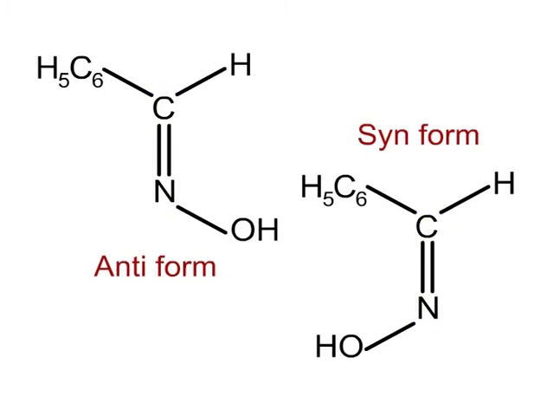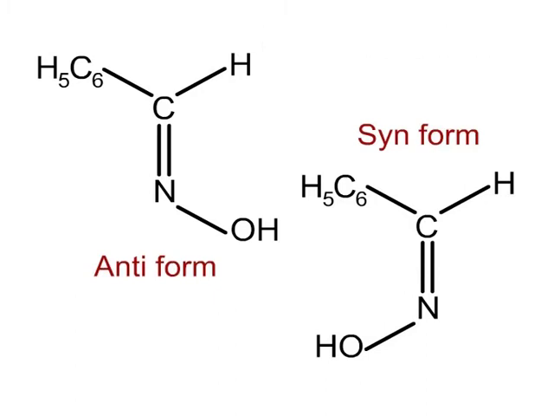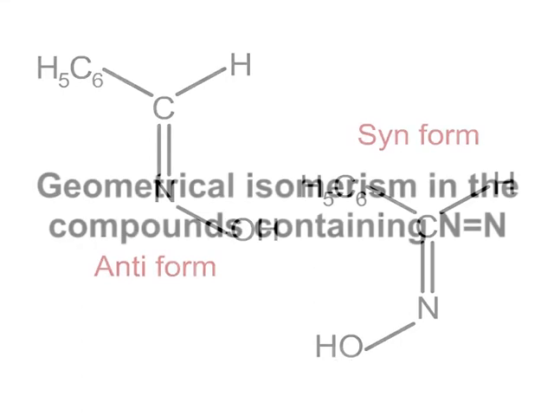Due to this hindered rotation, these molecules exist in two different configurations as syn form and anti form. For example, benzaldoxime, that is C6H5CH=NOH, has two different configurations which we are seeing on the screen.